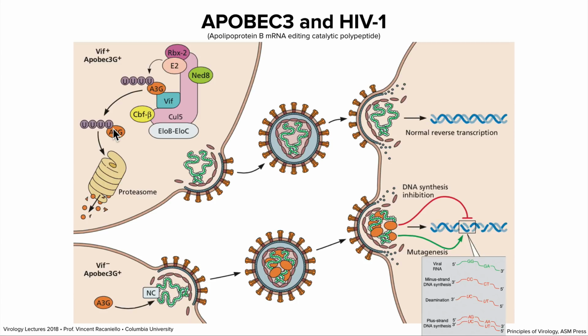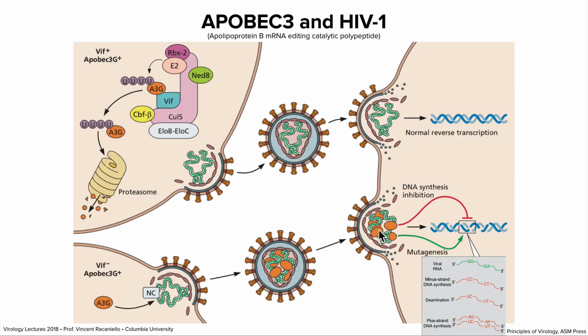So this would normally be incorporated into the HIV genome. So let's look at the bottom here first and see how that would happen. Here's APOBEC3G being incorporated into the budding virus, and you can see the orange ovals are now in the virus particle. So these APOBECs are in the virus particle.